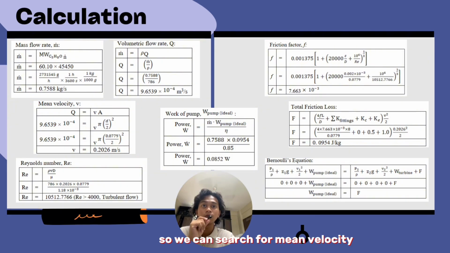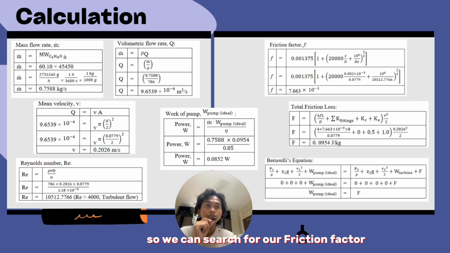Then we can find the mean velocity, where Q equals VA. Our area can be found from pi over 4 D squared, and then we can continue with the Reynolds number, which is rho VD over mu. So we can find our friction factor and we can calculate the total friction loss, which is 0.0954 joule per kilogram.